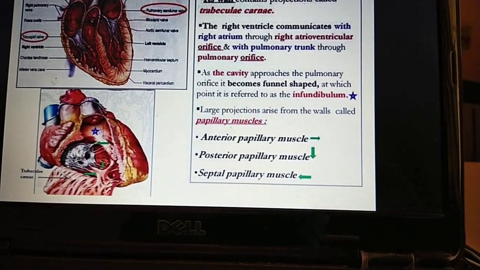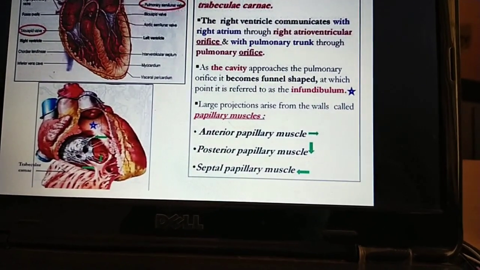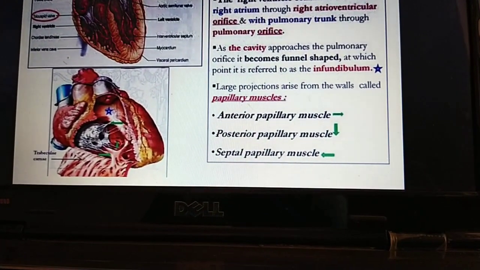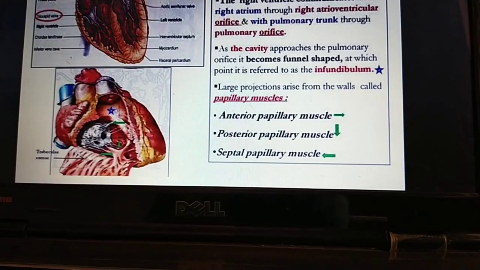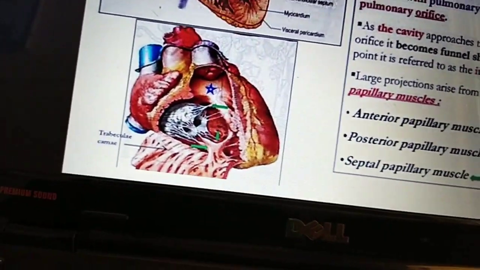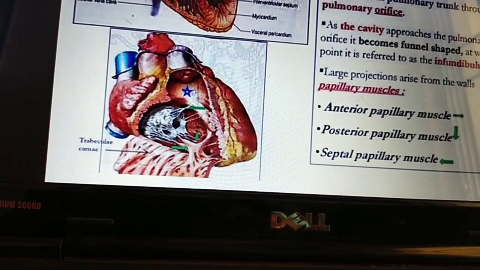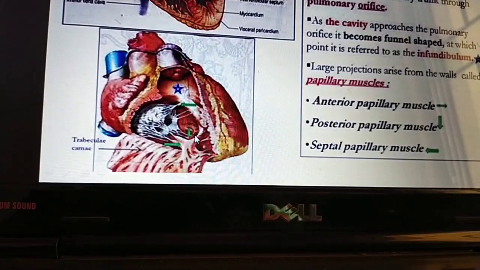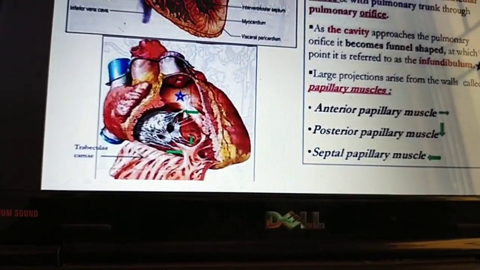The large projections arising from the wall of the ventricle are the papillary muscles, and they are three in number: anterior, posterior, and septal papillary muscle.